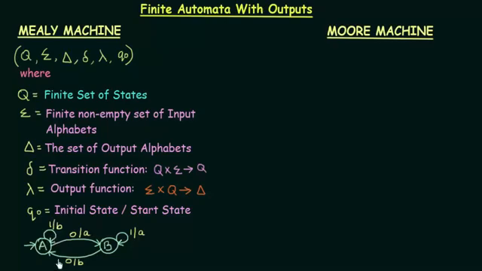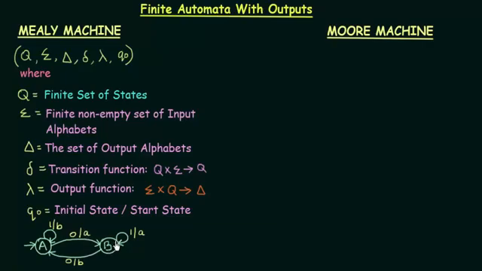So here we have the example of a Mealy machine. Here we have A as a starting state and we have another state B. A on getting input 1 goes to A itself and produces the output b. A on getting input 0 goes to B and produces the output small a.